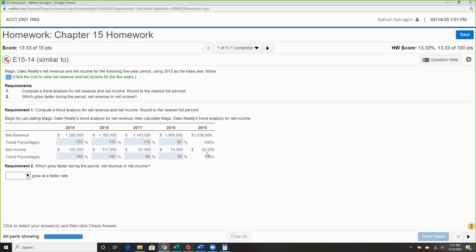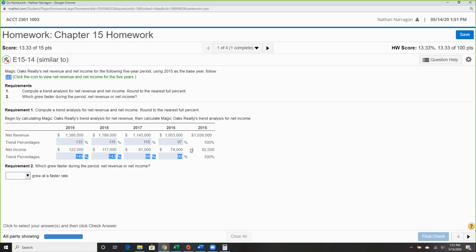Well, the net revenue looks like it's going constantly. And it's going every year. So that's good. Then all of a sudden, net income starts out slow. But look at this big old huge jump. I mean, that was big.